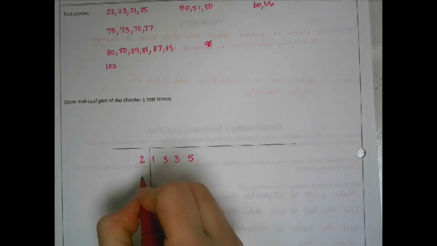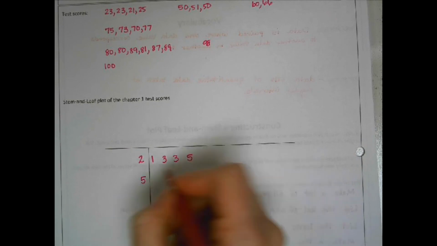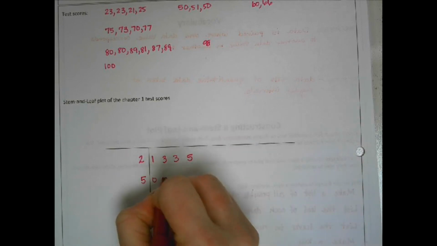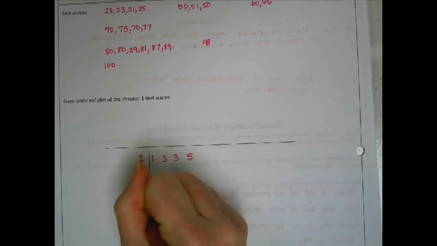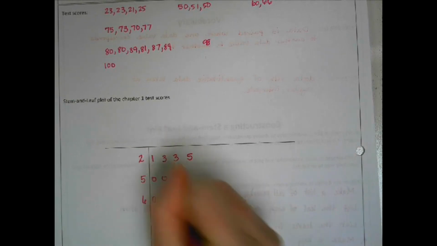I don't have a 3 or a 4, so my next stem is a 5. 2 50s and a 51. And my next stem is a 6, and I got a 60 and a 66.